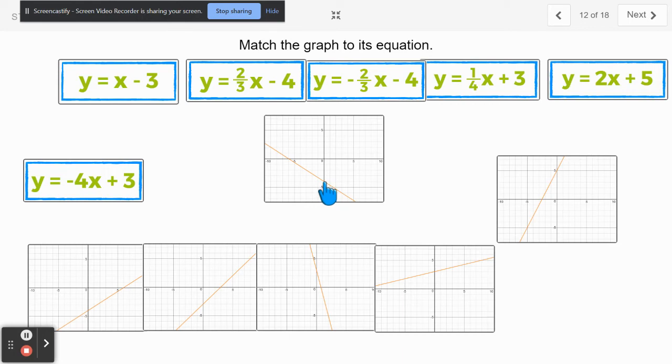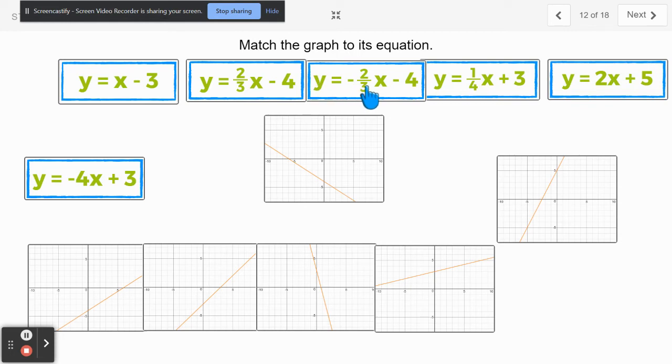Does any equation have a -4 as a y-intercept? That's -3. That's -4. This one does. This is -4 as well. These two equations have y-intercepts of -4. That's +3, +5, +3. Now, this is not the y-intercept. That's the slope. So we're only going to choose between these two. These two could be the answer. We got to figure out which one it is.